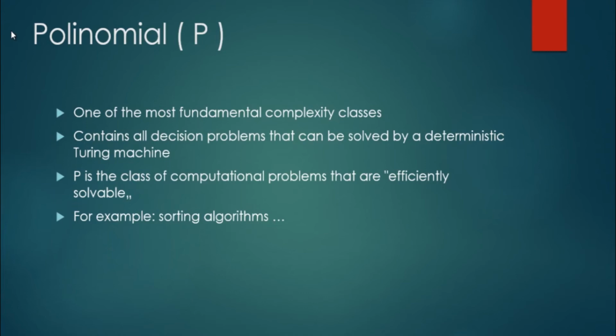We can solve sorting with algorithms in linear time complexity, logarithmic time complexity, or even, for example, bubble sort in n squared time complexity, which is not so efficient. We can do better, but it's definitely polynomial. So, for example, all sorting algorithms, finding the shortest path, and finding the spanning trees are in this polynomial class.